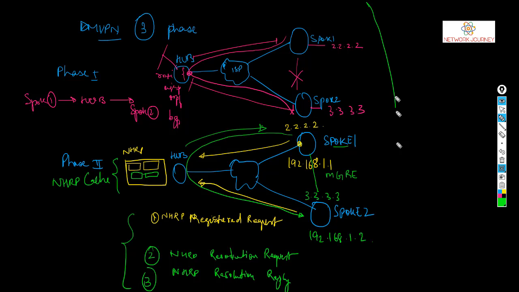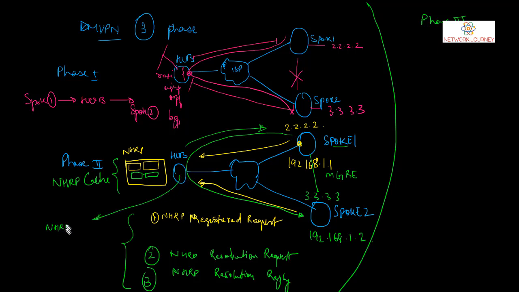Now what about phase 3? When we can already achieve spoke to spoke tunneling, why do you think we need phase 3? Because phase 3 is much more advanced. Here we are relying on NHRP, next hop address resolution.